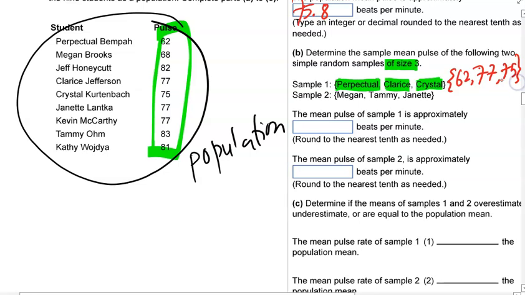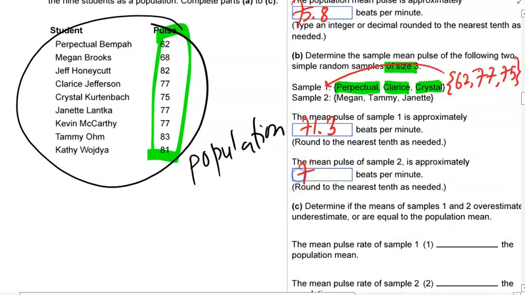This is sample number 1. Find the sample mean of this sample data. This is going to be 71.3. Just add these 3 numbers and divide by 3. Similarly, the sample 2 mean must be 76.